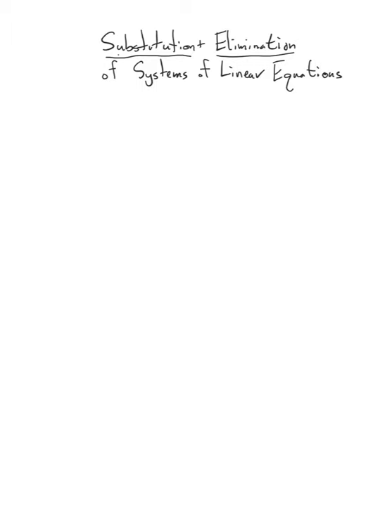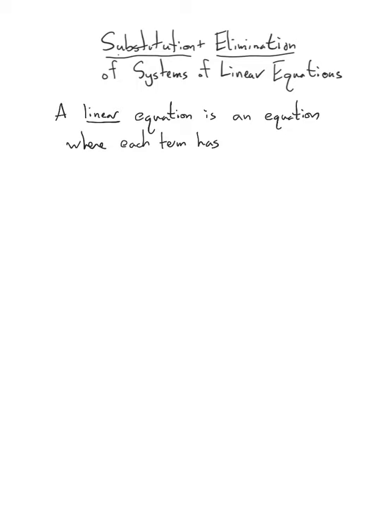So let's get going. So a linear equation is an equation where each term has, and I'll explain what this means, degree at most 1. So what does that mean?